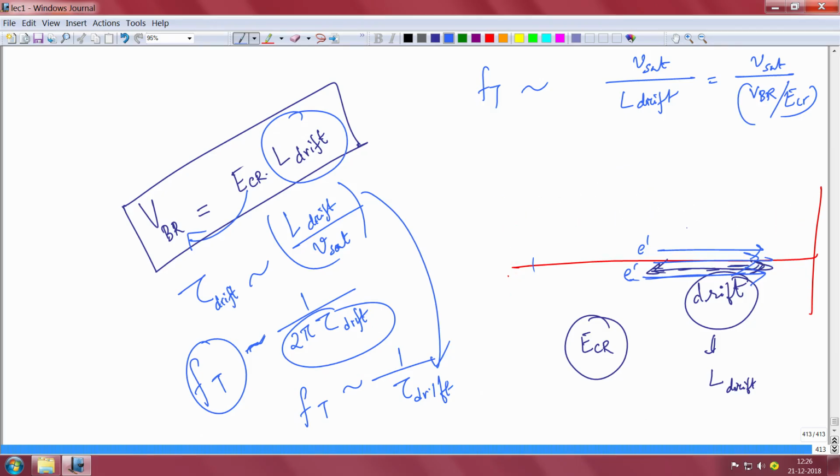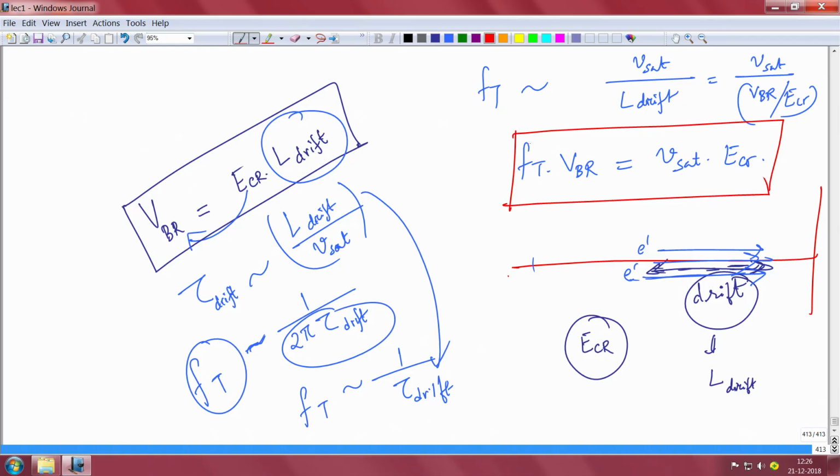I can write it better: Ft times V breakdown equals V sat times E critical. Now, this is the Johnson figure of merit. The frequency at which you can operate times the breakdown voltage equals the saturation velocity of the electrons times the critical electric field.